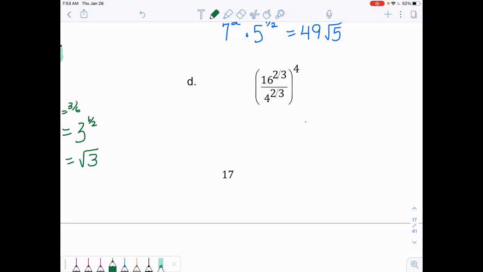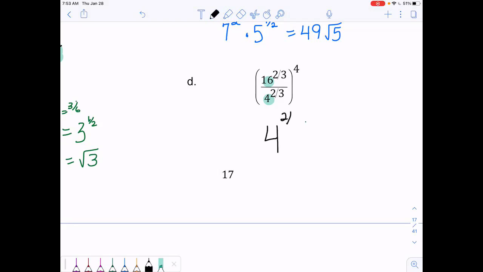If the exponents are the same, what do you think you can do with the base that's attached to that exponent, Jaden? So the base is the number 16 and the number 4. So what do you think we could do with those if the exponents are the same? Would you just divide them, you know, cancel out? Yeah, we're going to divide them. So we're going to take 16 divided by 4. And 16 divided by 4 is 4.